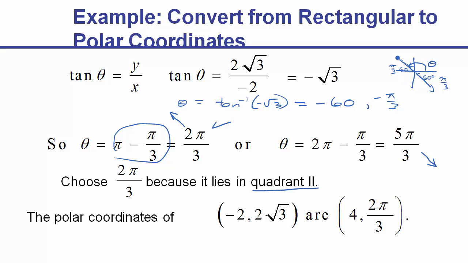So if we want to go in the positive direction, we got this one right here. And then if we wanted to go all the way around to 5 pi over 3, which is down here, then we would just have to change that to -4. So we could have a -4 and then 5 pi over 3 would be the other polar coordinate. And then, of course, there are infinitely many ones after that.